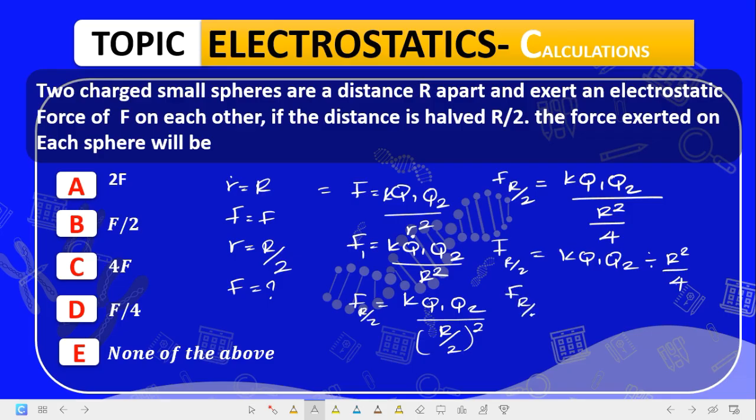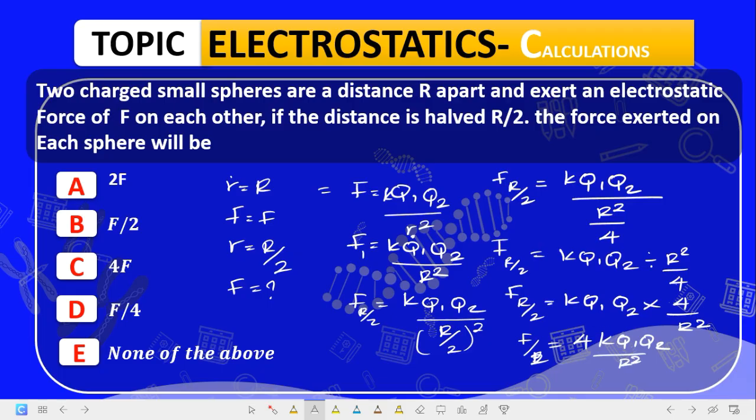So F of r over 2 will be K Q1 Q2 times 4 all over r square. Now F of r over 2 will be equal to, what are you now going to have? It's going to give us 4 multiplied by everything here, 4K Q1 Q2 all over r square.